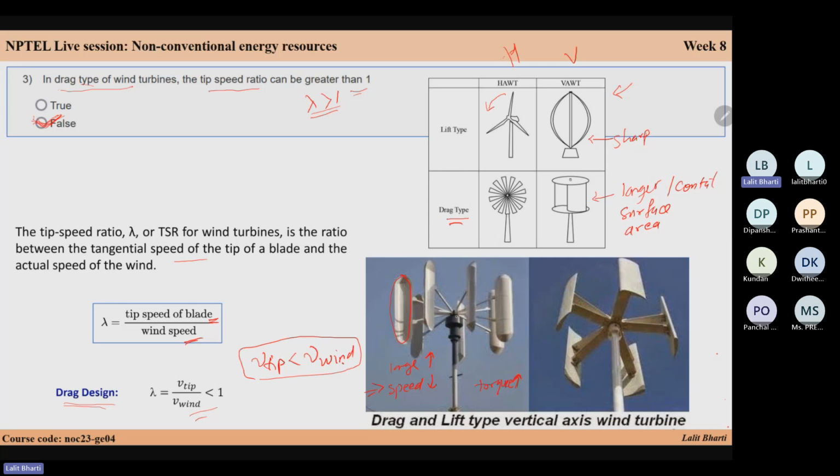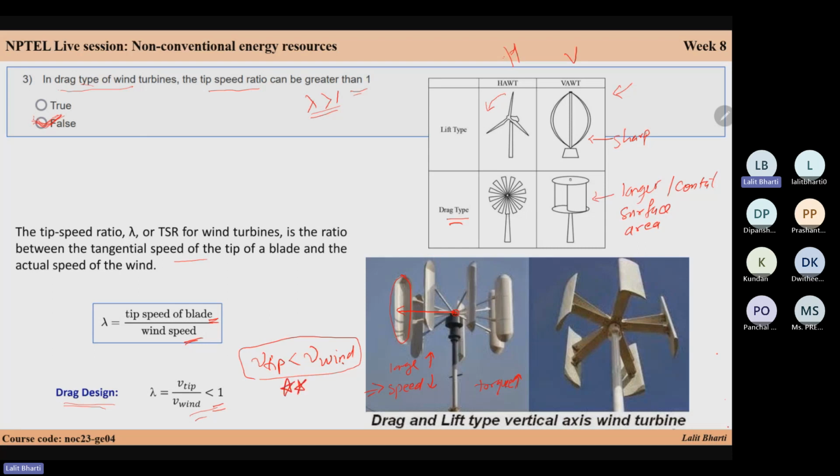Let's say this is your blade and this is the tip here. So tip speed versus the wind speed. Obviously it is always less than 1, because the tip speed cannot be greater than the wind speed. So this rule is always followed.